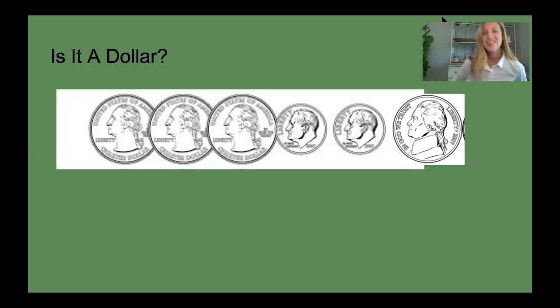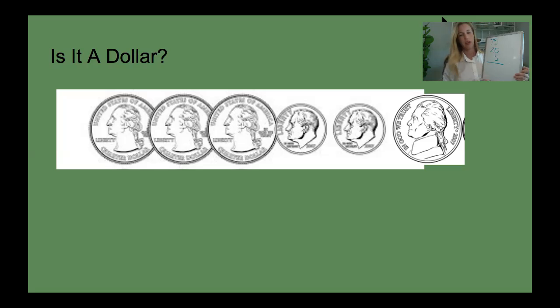All right, so looking at these coins in front of us, let's see if it is equal to $1. I notice that I have 75 cents here in quarters because I once again have 3 quarters. So I'm going to write down 75 cents. I also notice that I have 2 dimes once again, and that's 20 cents. And then I have a nickel.